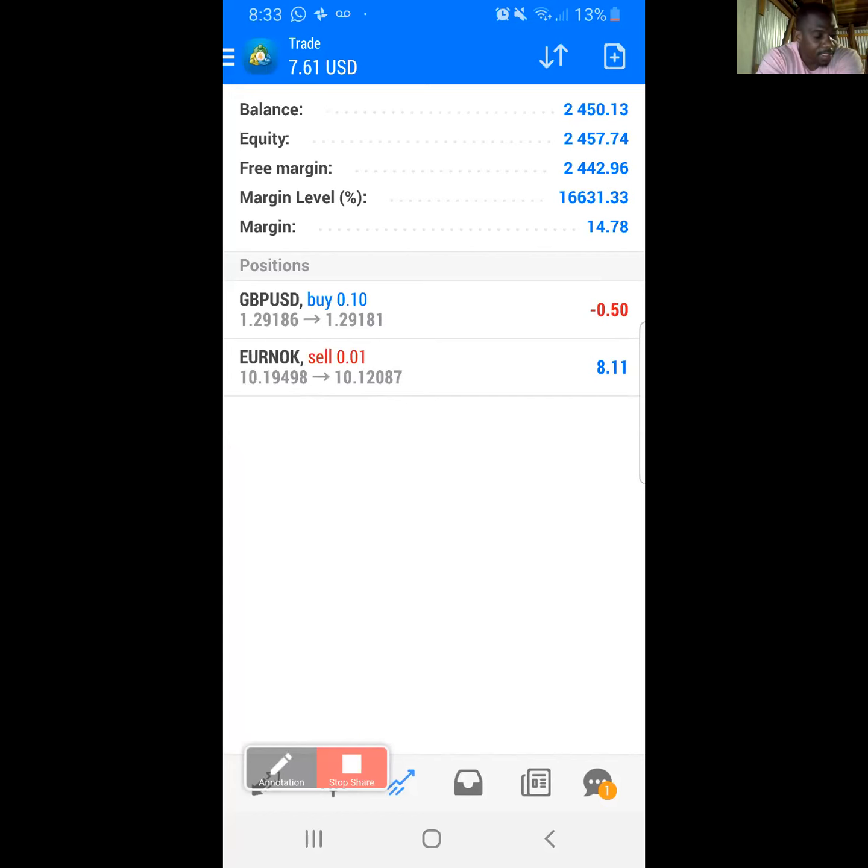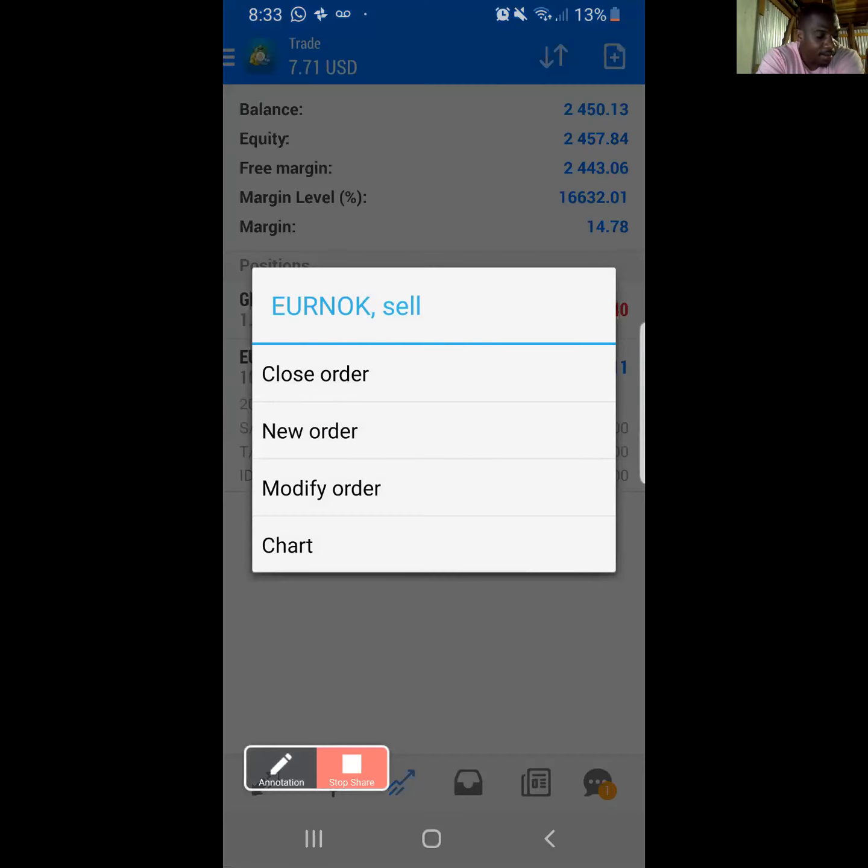You can see here the price, I'm in profit, so the price to the right side of the arrow is 10.1208. So that's below my entry price. What I would do on Android, you could hold on the trade and press modify order.